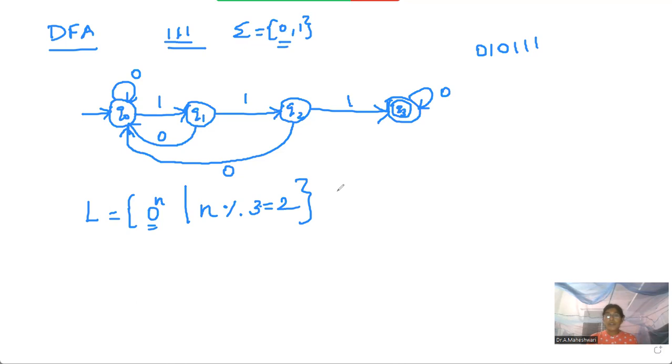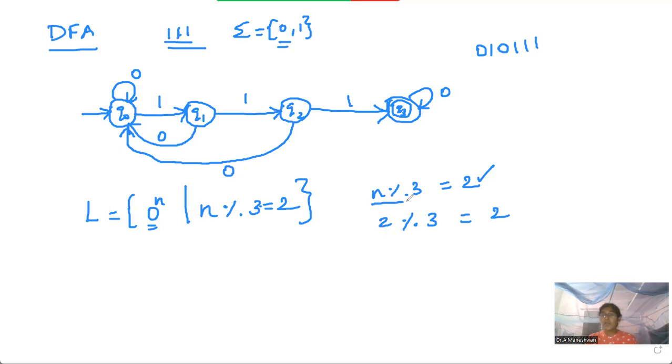So how can I find this n value? n mod 3 is equal to 2, right? Suppose I substitute n value as 2. Okay, I'll get 2, right? This is what we want. Whatever value you substitute, if the output is equal to 2, I can consider that value as an n value.